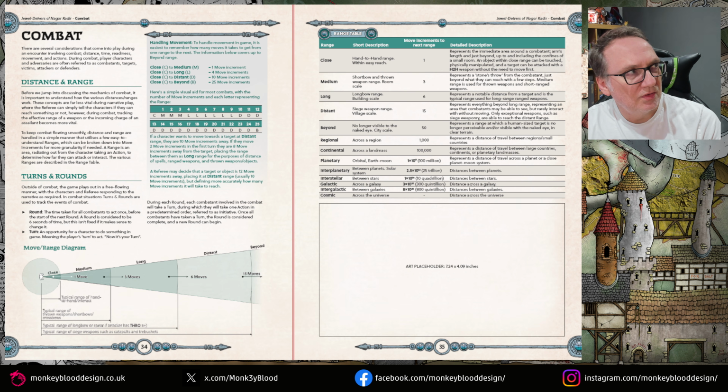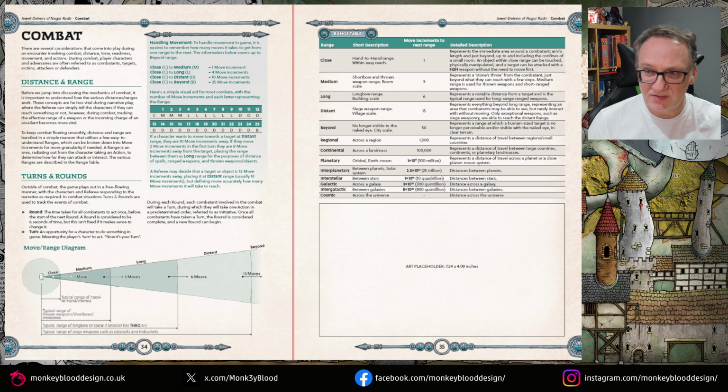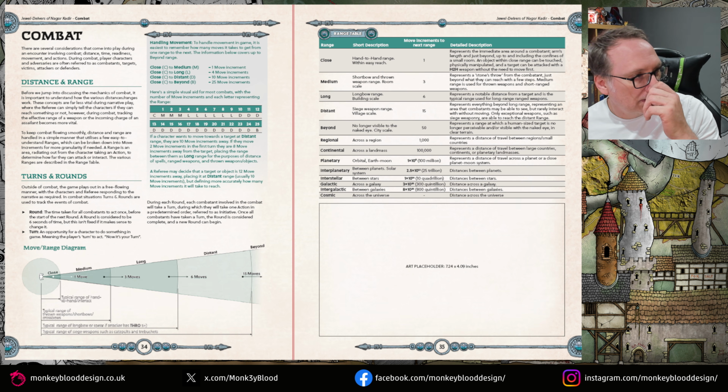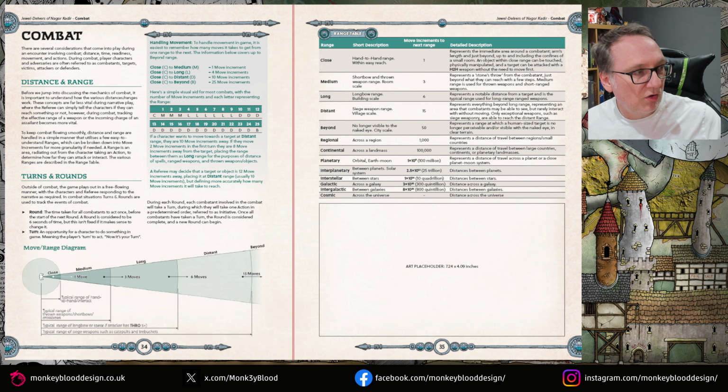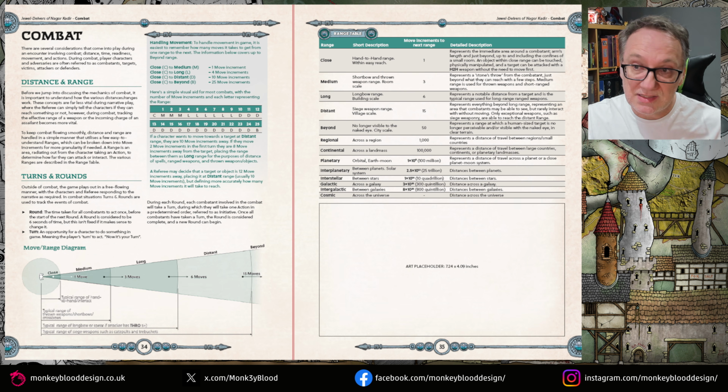So if you're doing theatre of the mind, you could just say, okay, he's long distance away, so you know you need however many moves. I think to go from close to long range, if you move 4 increments, you're within it, and then if you want to get to distant range, you need to move a total of 10.